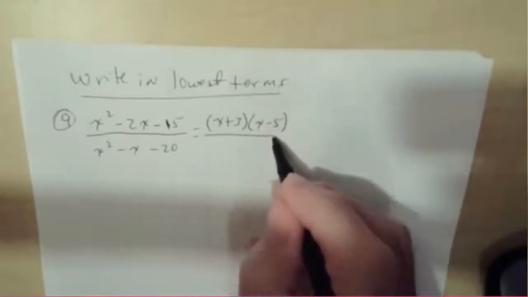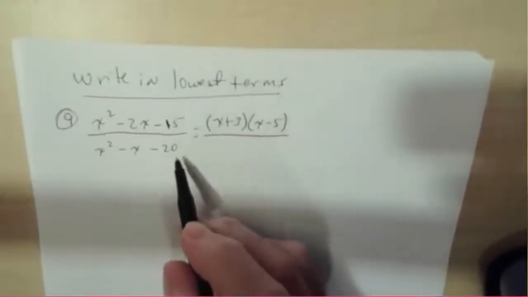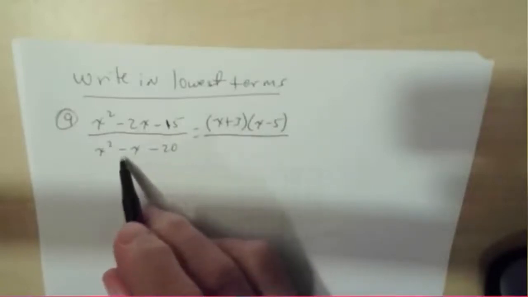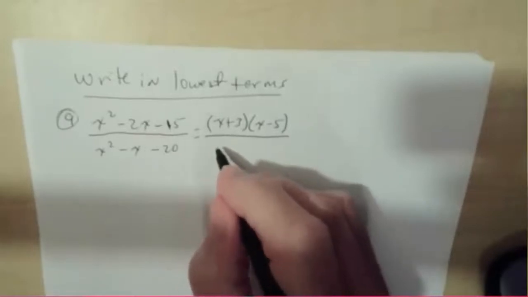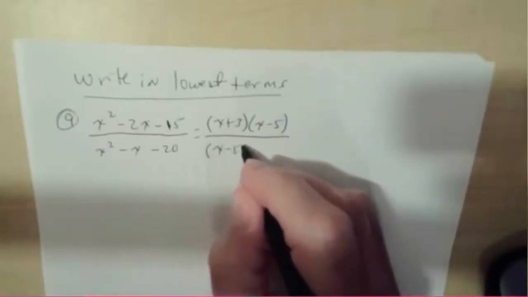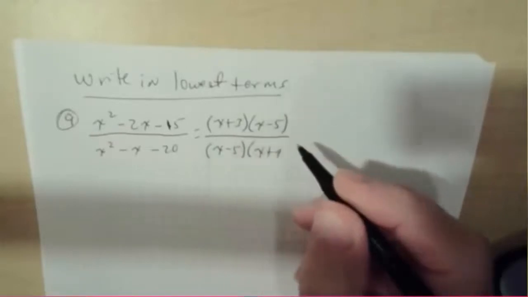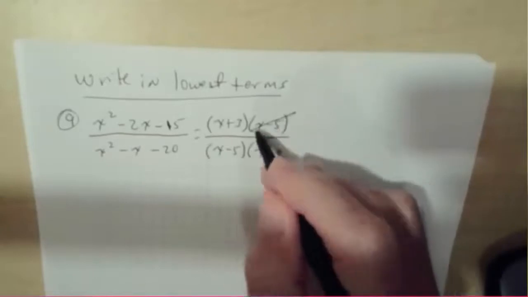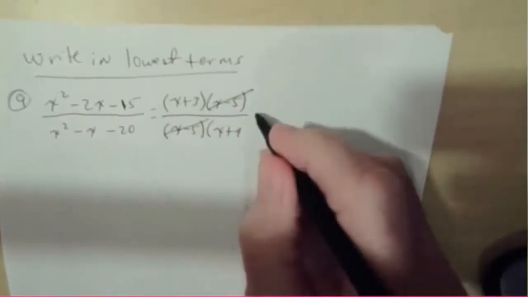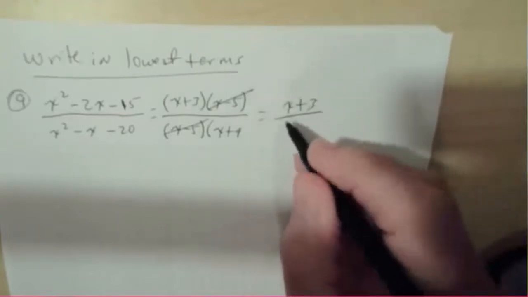Now here, what are the factors of negative 20 that combine together to give us negative 1? So this is x minus 5 times x plus 4. The x minus 5's cancel, and we're left with x plus 3 over x plus 4.